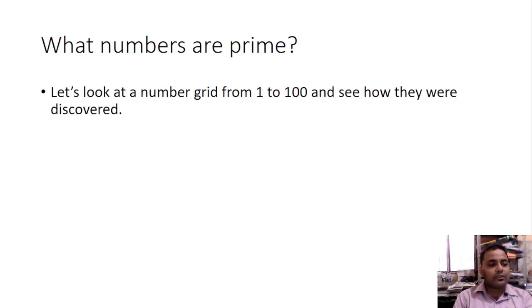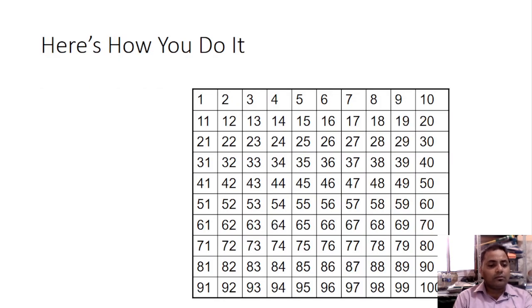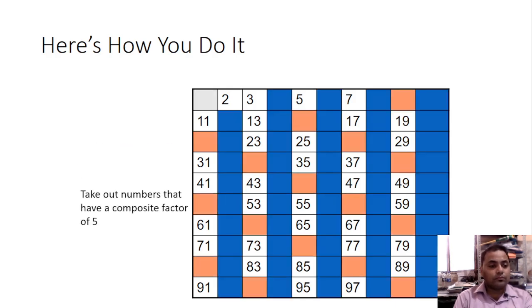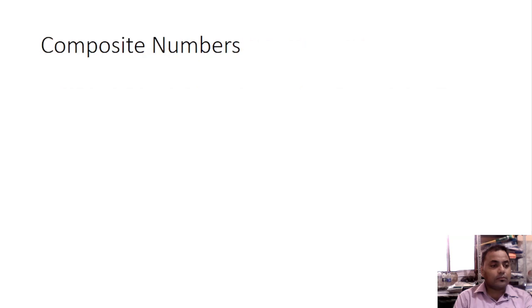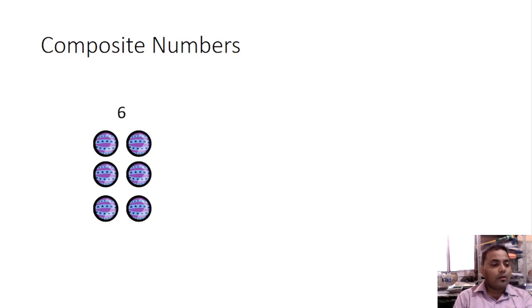Let's look at a number grid from 1 to 100 and see how primes were discovered. We have already discussed this matrix of the numbers 1 to 100, and here we can identify the numbers in the form of primes and composites.